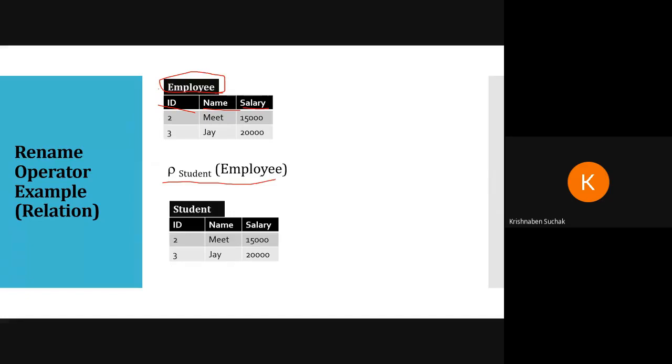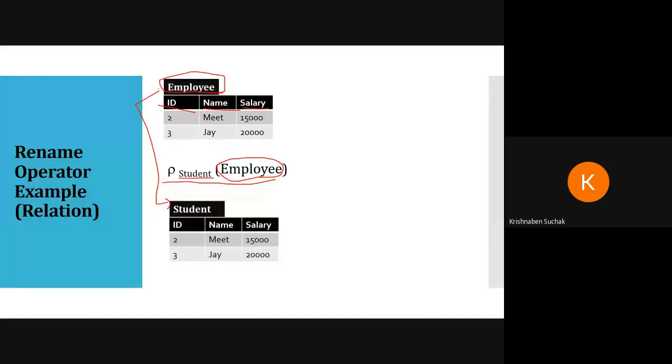So now my relation named employee will be renamed as student. You can see here first it was employee, now it is student. This is my output. Now you have to write a query in the chat box: how can I change ID into enrollment number?